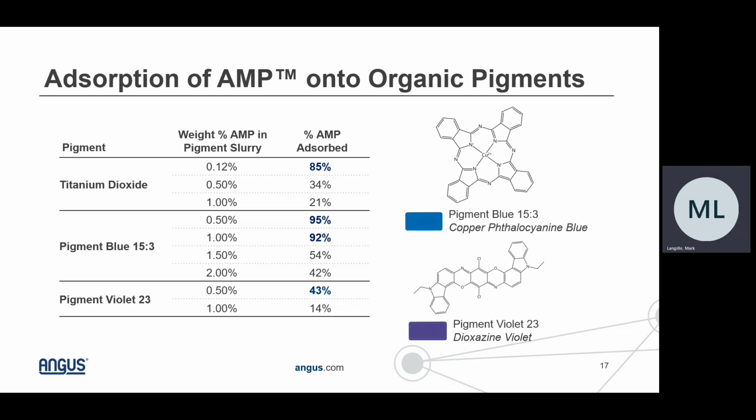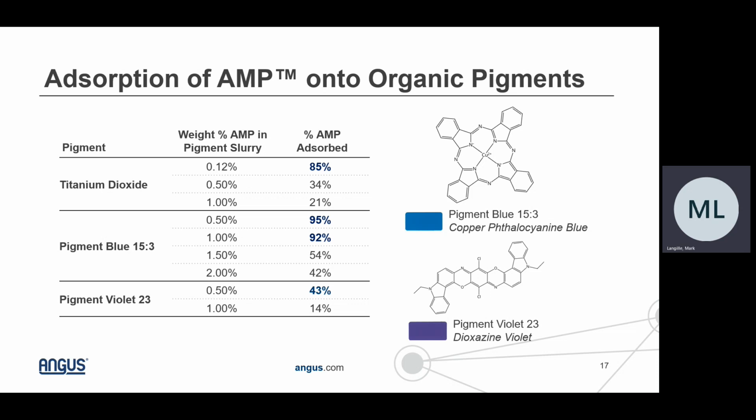We also see very high AMP absorption onto copper phthalocyanine blue, which is that structure shown on the top right, where we actually are above 90% absorption when the concentration of AMP is 1% or less in solution. Other pigments, like pigment violet 23, still show absorption, but it's not as great as the blue pigment.